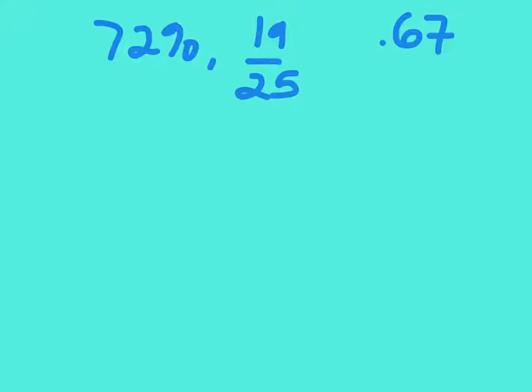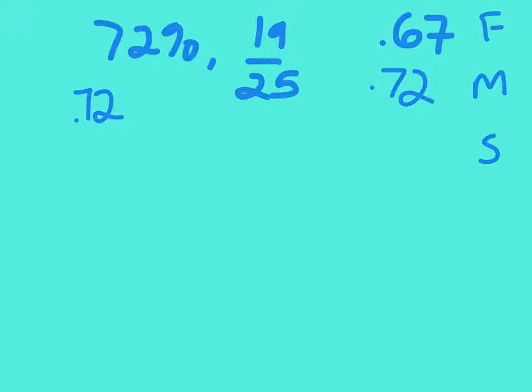I have 0.67 already as a decimal right here. And I can turn 72% into a decimal rather quickly by just moving the percent sign 2 places to the left. So I already have 2 decimals that I can compare. This is going to be my friend. This is me. And we'll put our sister's score right there.